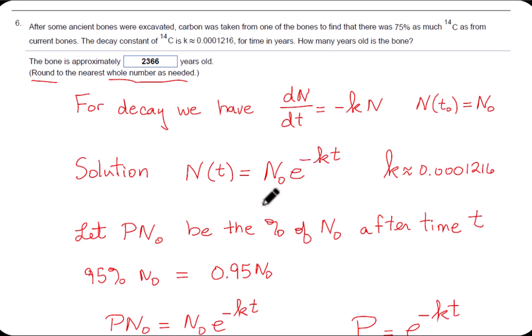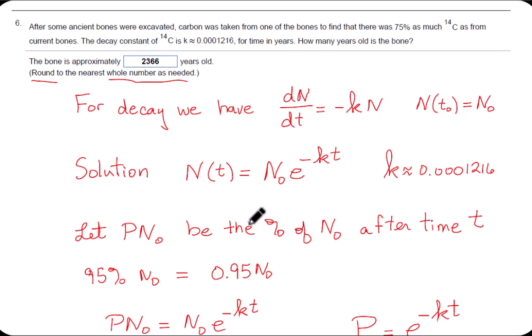So the solution to this differential equation is a negative exponential. k is the rate of decay. So I'm going to let P times N0 be the percentage of whatever amount is left after time t. So 95% of N0 would be 0.95 N0.